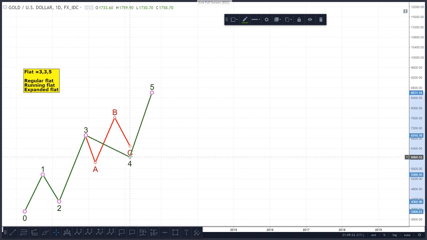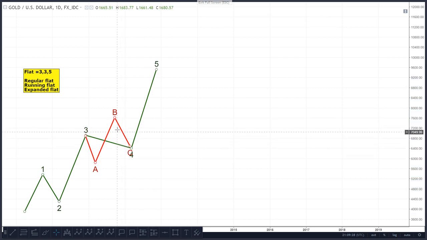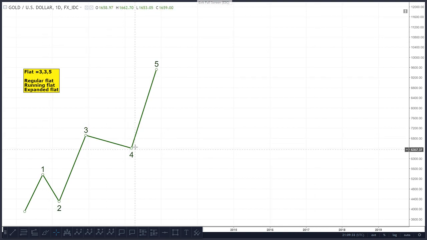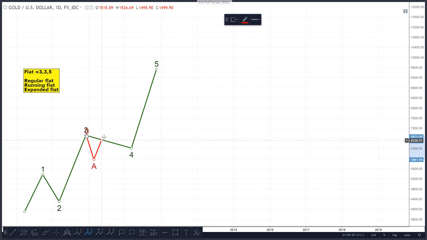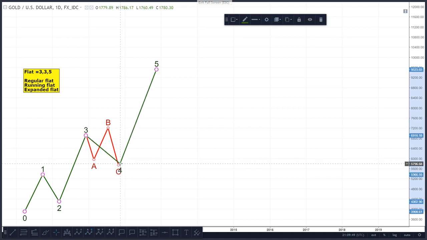And we would actually label the end of wave 4 here, because this is where wave 5 starts. That would be a running flat. And then last but not least, we would have an expanded flat. So with an expanded flat, you'd have A coming down, B coming higher than where A started, and C coming down even lower than where A finished. And then you'd put your end of 4 here.